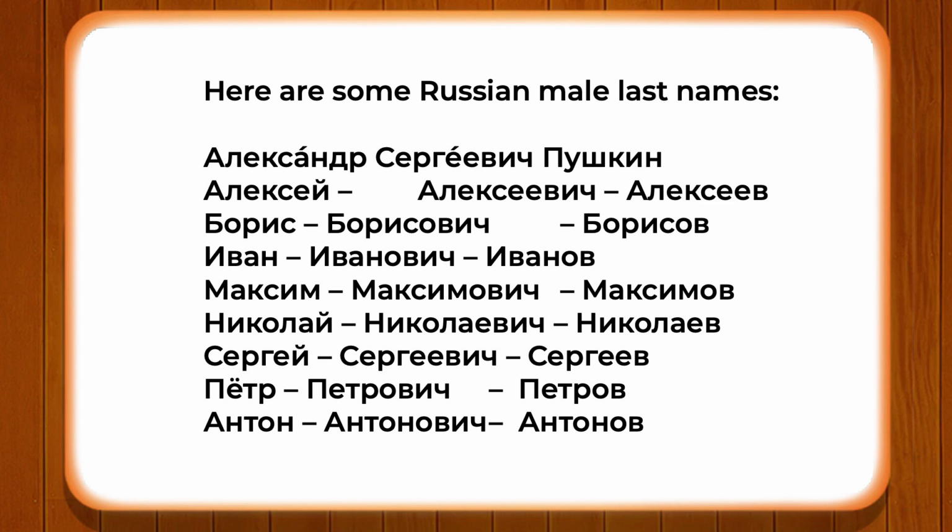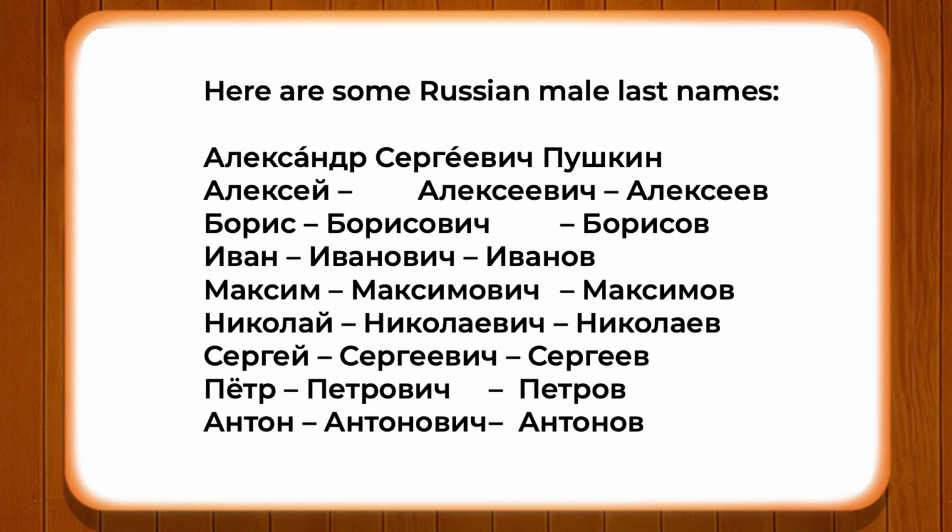It can be any combination depending on what his father's name was. You add which for a male, and the familia is usually with in or ov. Like the Russian president now, Putin.